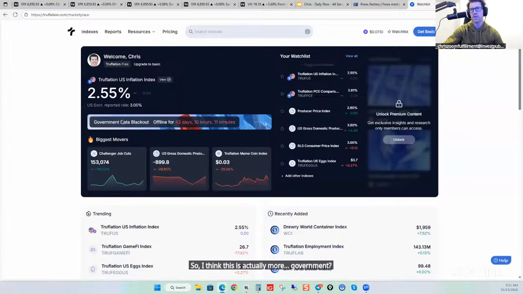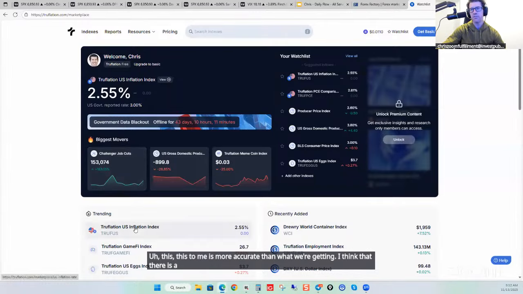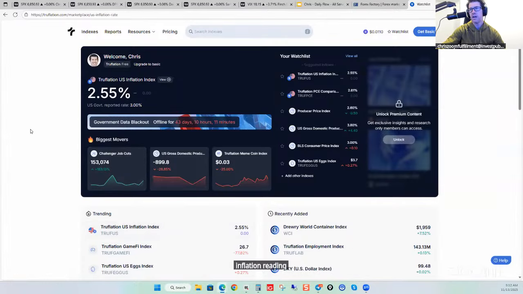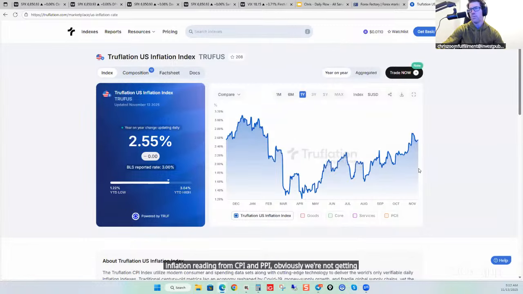This to me is more accurate than what we're getting. I think that there is a suppressed inflation reading from CPI and PPI. Obviously, we're not getting it right now, but anytime this has been trending, okay, so this is the 1 year out.